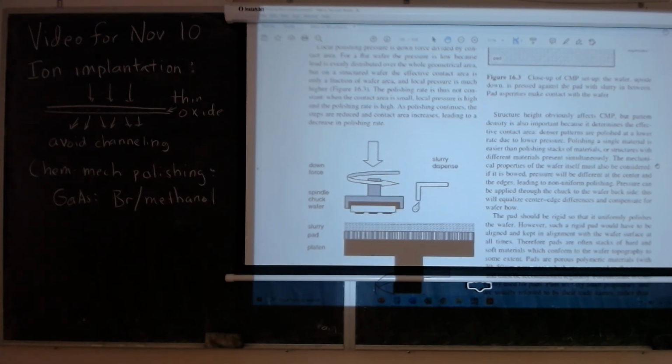It's just a chemical liquid, bromine mixed with methanol. So if you ever have to work with gallium arsenide, or some other 3-5 materials as well, you would use a mixture of bromine and methanol, and that would be your chemical polish.